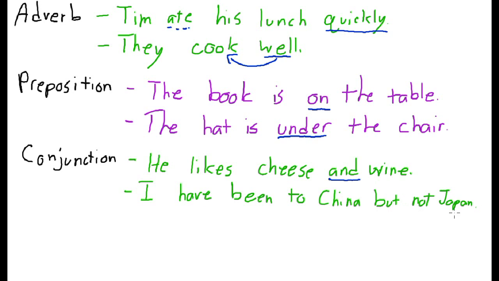Okay, I have been to China, but not Japan. Well, in this sentence, it's a little bit longer, but we're still connecting two ideas. To China, but not Japan. So, but is connecting China to Japan. Okay, it's connecting them. Right? Do you see that?